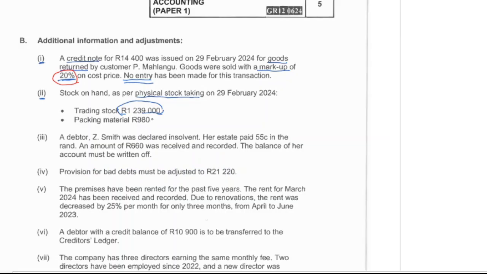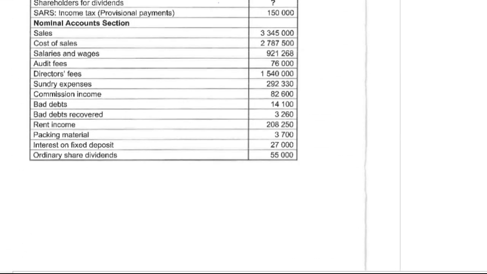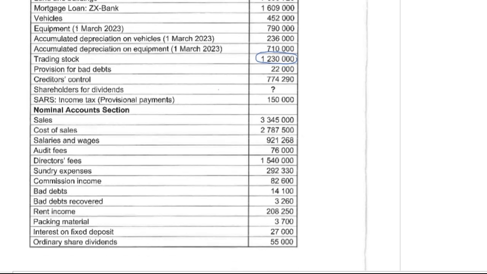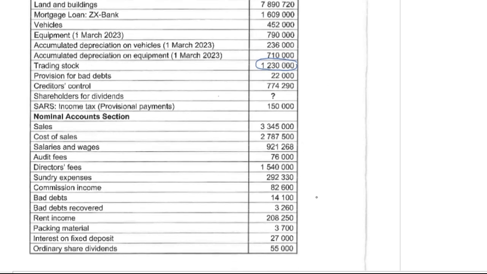For the packing material, we are told that packing material on hand per physical stock taking is 980 rands. Our trial balance extract shows 3,700 rands as the total expense for packing material for the year. According to GAAP's matching principle, the packing material expense for the current financial year should be the value of packing material that was actually used during the current financial year.